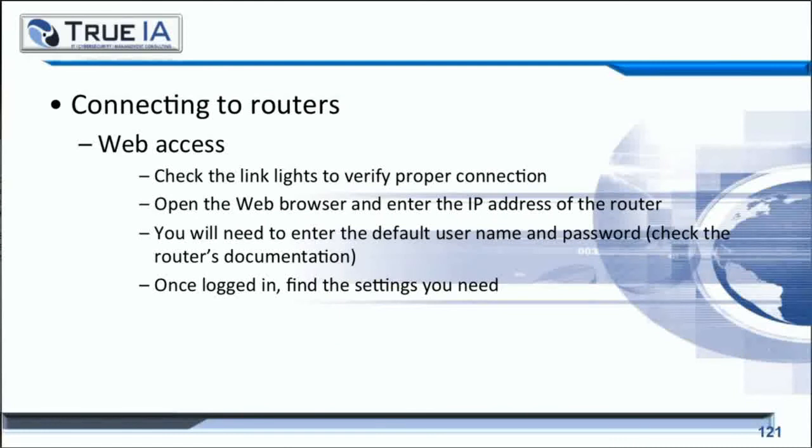Whether you're using a console cable or the web access, it is important to check the link lights to verify that you have made proper connection, and then open up the web browser and enter the router's IP address. You'll also need to enter the default username and password. You'll find that in the router's documentation. And then, once logged in, you'll find all the appropriate settings that you need.